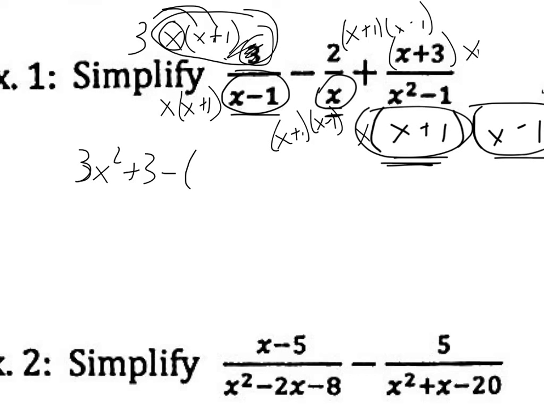Now over here, understand that this x plus 1, x minus 1 is the same as x squared minus 1. So essentially I'm multiplying 2 to x squared minus 1. So it would be 2x squared minus 2. That's the second numerator. And the third one, plus, I need to distribute this x and get x squared plus 3x.